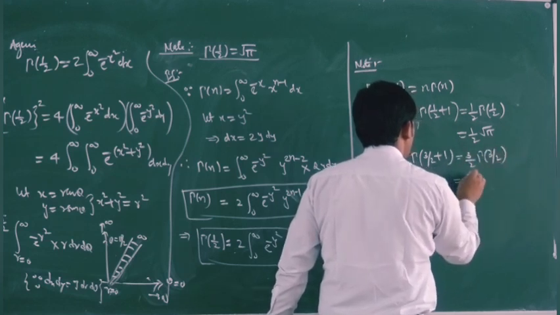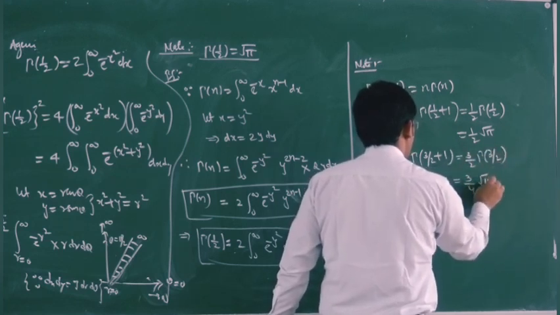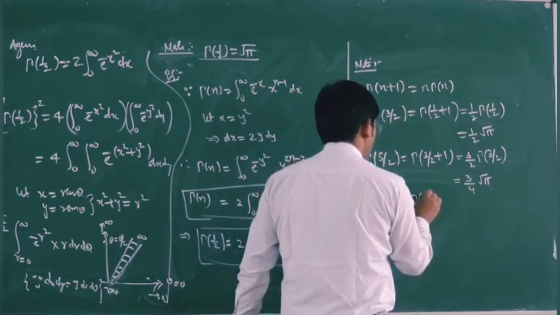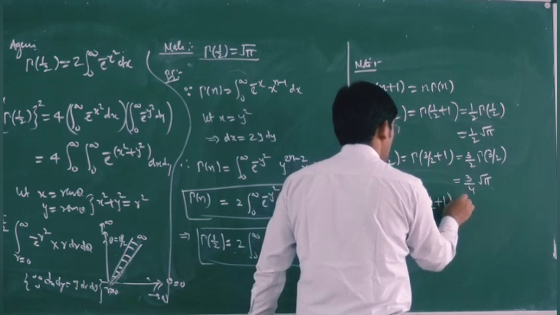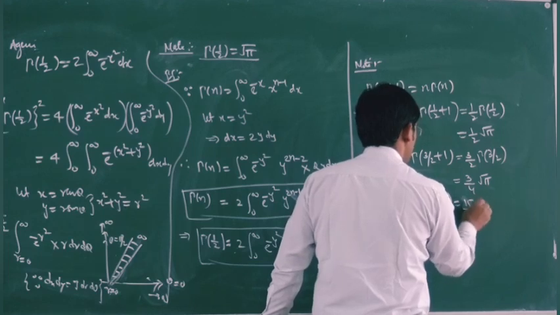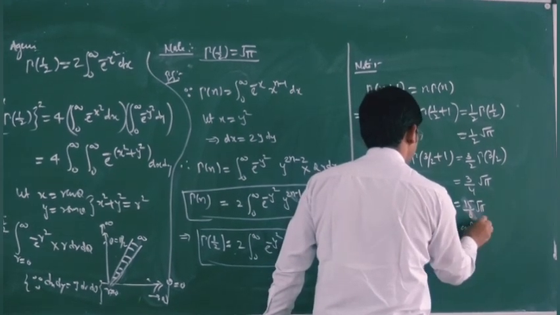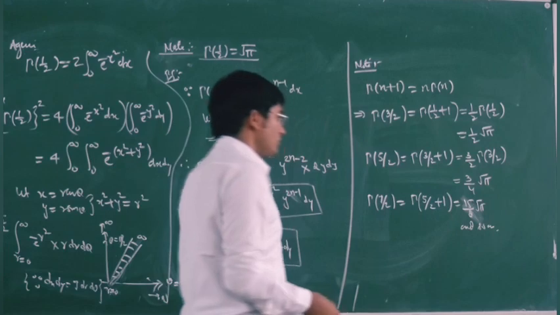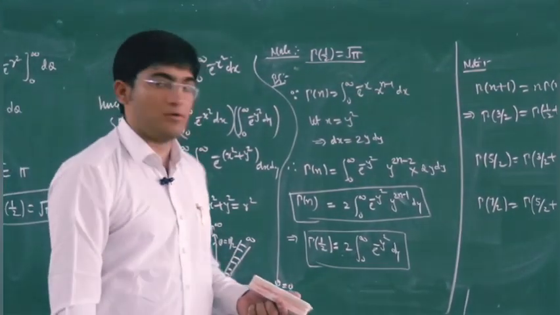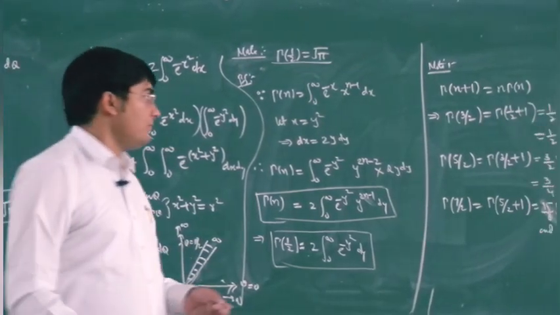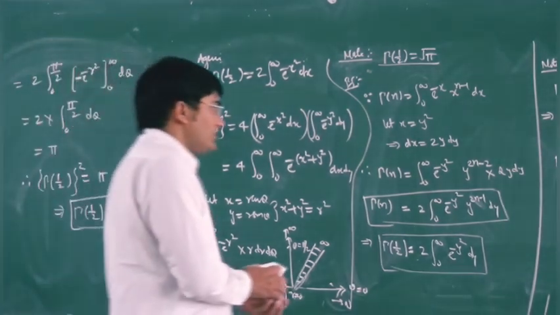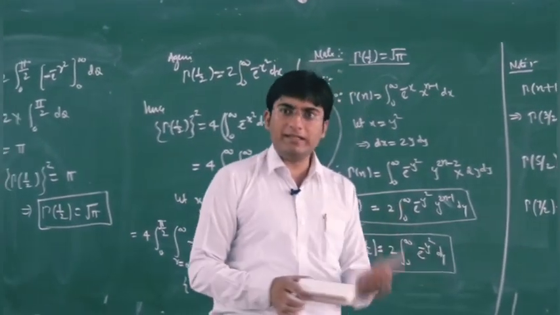So this is equal to 3 by 4 into root pi. Then we have the value of gamma 7 by 2. This is equal to gamma 5 by 2 plus 1, so we have 5 by 2 into gamma 5 by 2. So this will be 15 upon 8 root pi, and so on. So we have the values of gamma 7 by 2, gamma 5 by 2, gamma 3 by 2 and gamma half from this integral. Okay, now let us establish a relation between beta and gamma function.